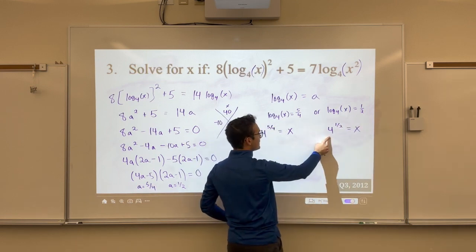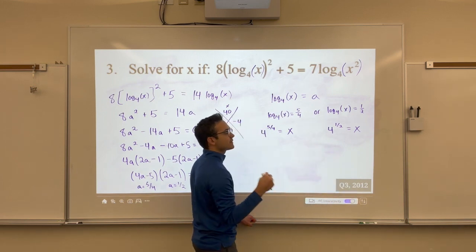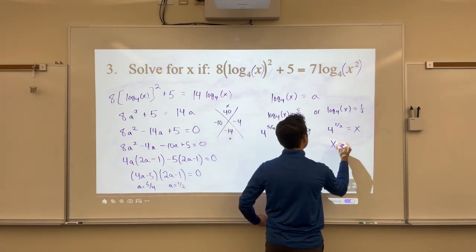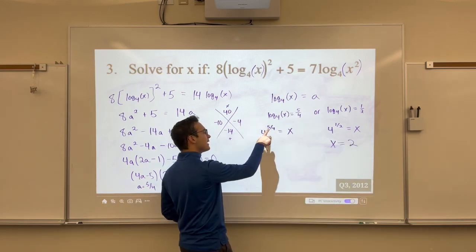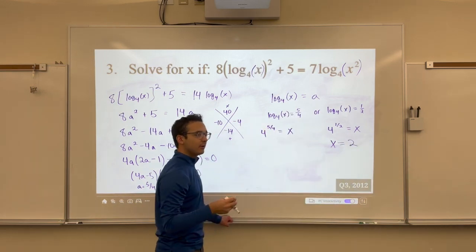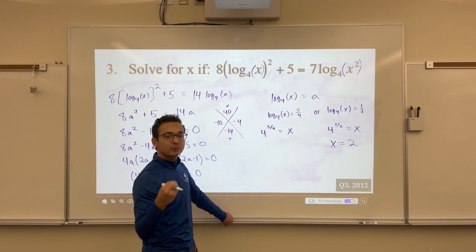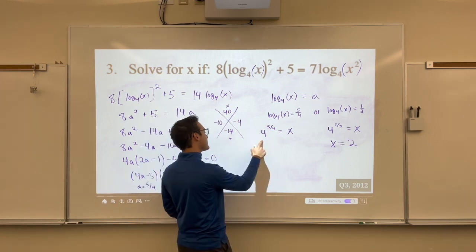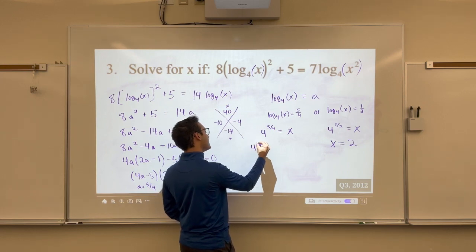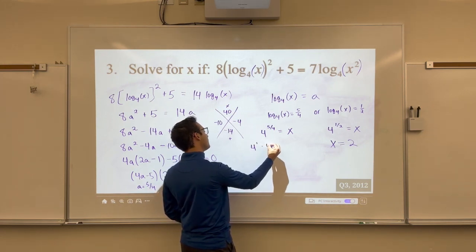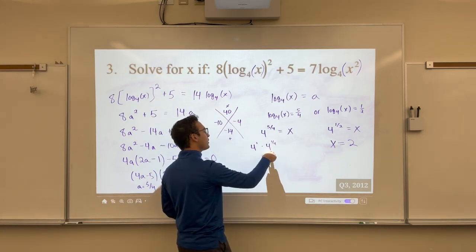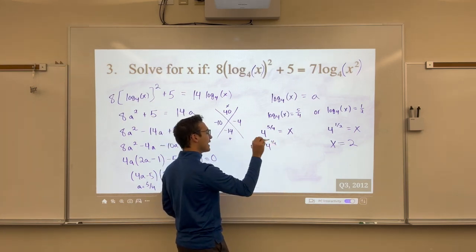Now this one's pretty easy. 4 raised to the 1/2 is just the square root of 4, which is 2. So over here, we can say that x equals 2. But 4 to the 5 over 4 is a little bit trickier. How do we put that into simplest radical form, which is what is required for this question? We can break this up into 4 raised to the first power times 4 raised to the 1/4 power, and then we can rewrite 4 to the 1/4 power in radical form.